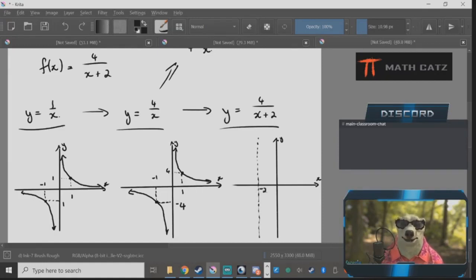Put it over there. My shape is still the same. I try and ignore the y-axis when I draw the shape because this is now, for reference purposes, my center line is this vertical asymptote. Now I'm running out of space here a little bit. Whoa, that was bad. Just make it as bendy as possible.